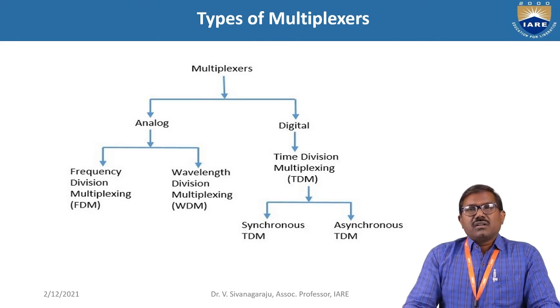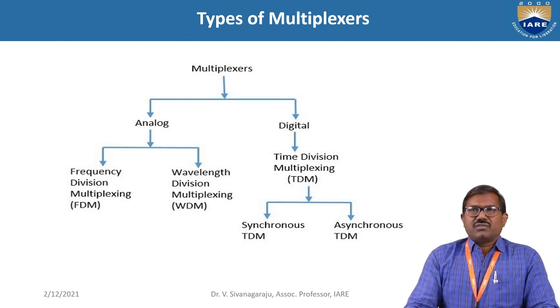These two techniques come under the category of analog multiplexer. When it comes to digital, we have TDM, time division multiplexing, which is subclassified into synchronous TDM and asynchronous TDM. But in this analog communication syllabus, we have only FDM.